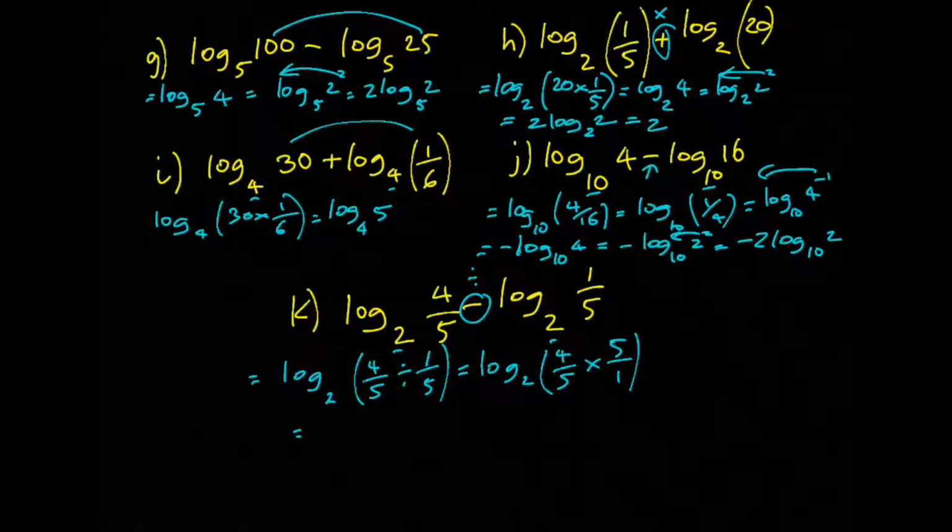And that equals, cancelling, the 5's cancel out to give 1 log to base 2 of 4, which we can further simplify using the power rule and bringing the 2 in the front, equals 2 log 2 to base 2, which is simply 2.